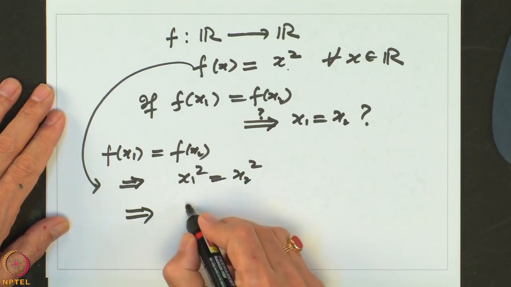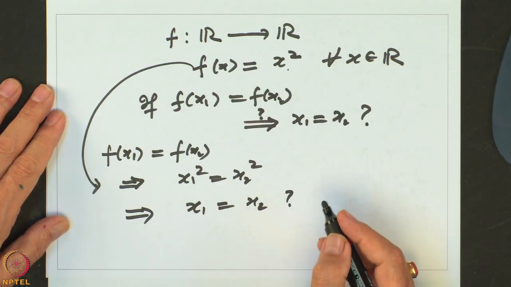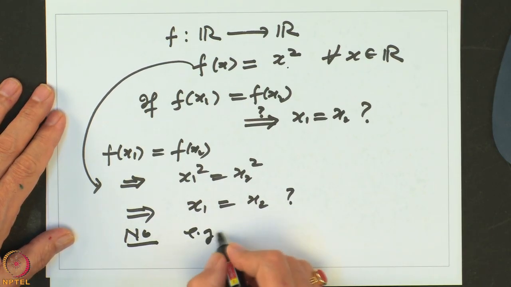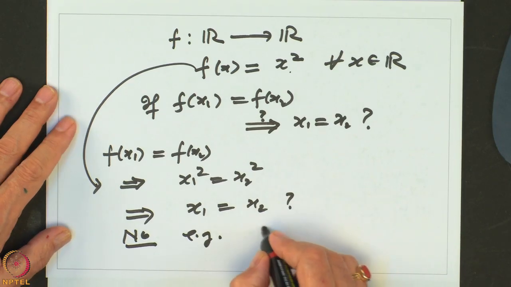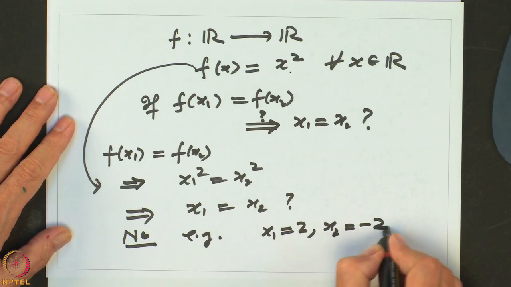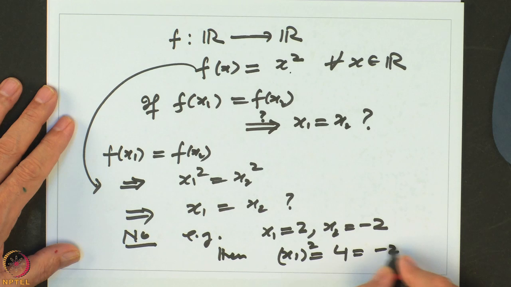Does this imply x1 is equal to x2? Well, we all know in general, for example, if I look at x1 equal to 2, x2 equal to minus 2, then x1 square is equal to 4, which is the same as x2 square.